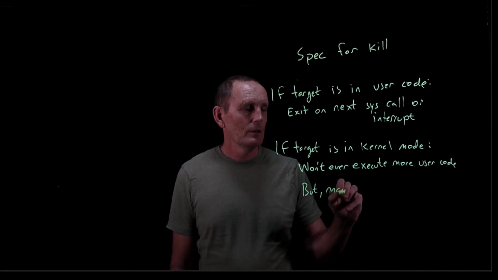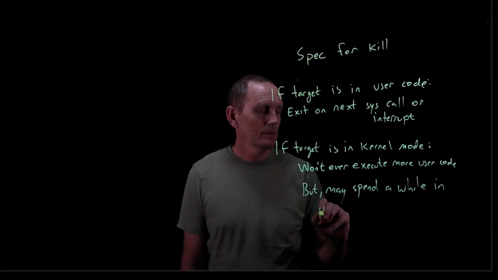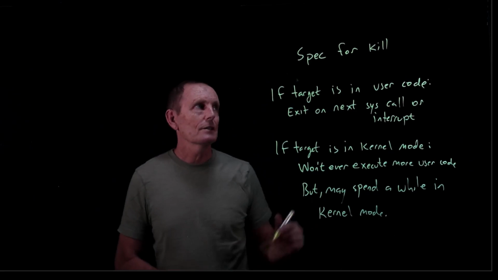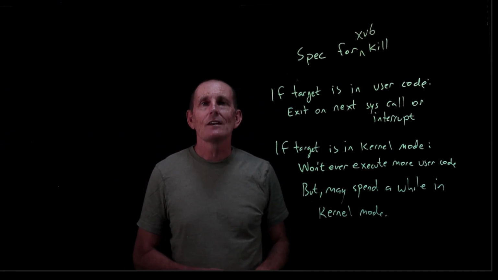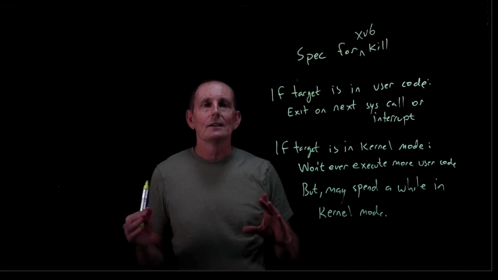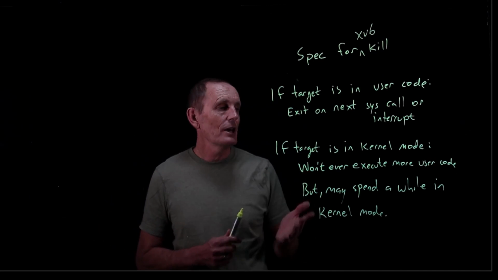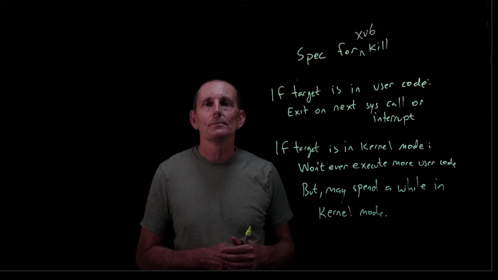But we may spend a while in kernel mode. And note that these rules are for xv6. That's how xv6 works. xv6 does have some system calls that take quite a while. JOS, on the other hand, doesn't have any such system calls, so it has different rules and certainly won't spend a while in kernel mode.